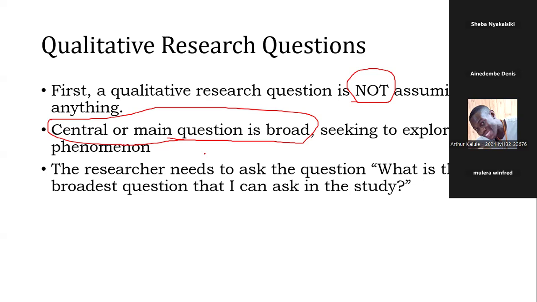That question is not broad. It's actually insinuating that my freedom of location is motivating me to use an online learning tool. That one is very precise. It's talking about freedom of location.